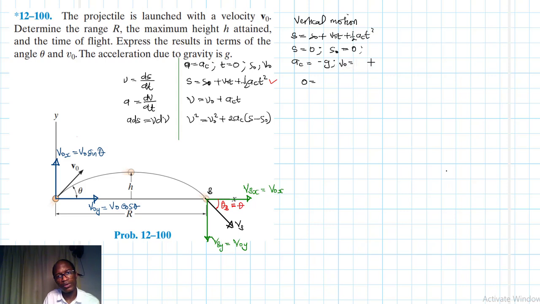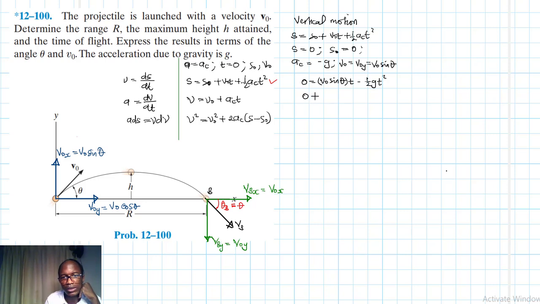So with this we can say 0 is equal to v naught y, which is equal to v naught sine theta, times t, minus half g t squared.